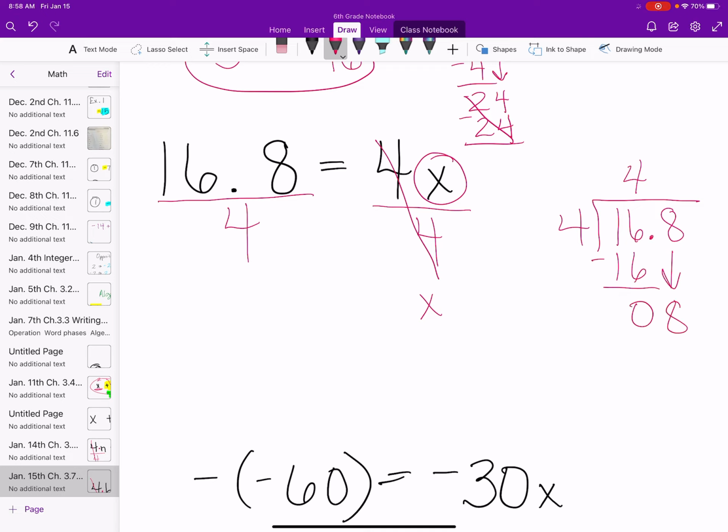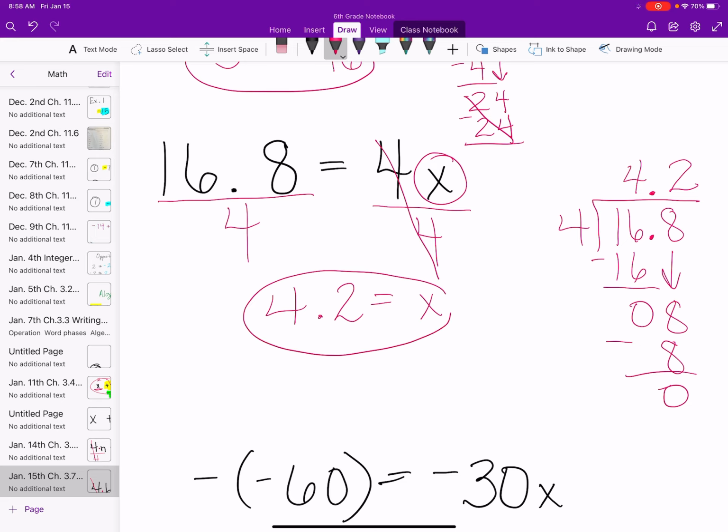Don't forget to put your decimal up in your answer as well. 4 goes into 8 2 times. And so I get x is equal to 4.2. Okay, everything was positive, so my answer can be positive.